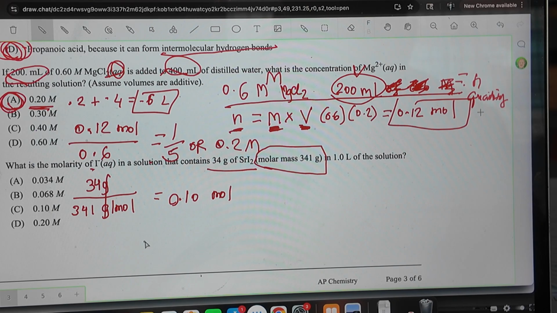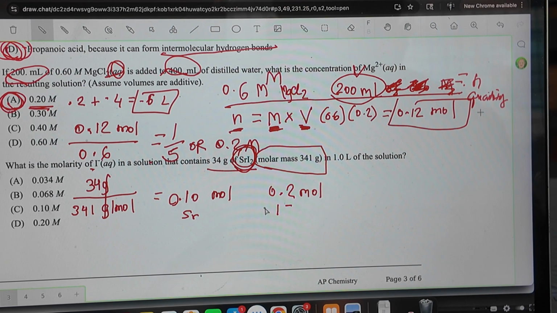And then for the iodide, we also need to calculate that. So for the iodide molecules, it's SrI2, right? So this is for the Sr, but for the iodide, you double it, because for every Sr you have 2 iodide. So you have 0.2 moles of the iodide.